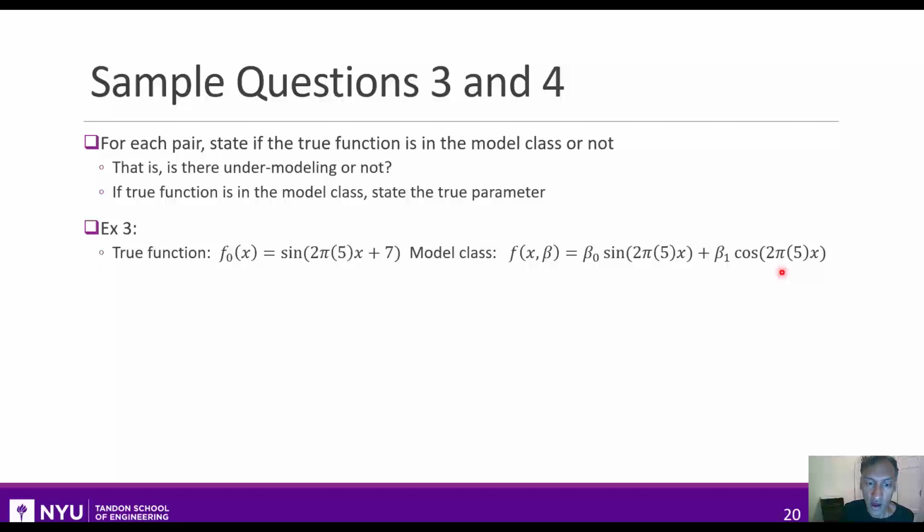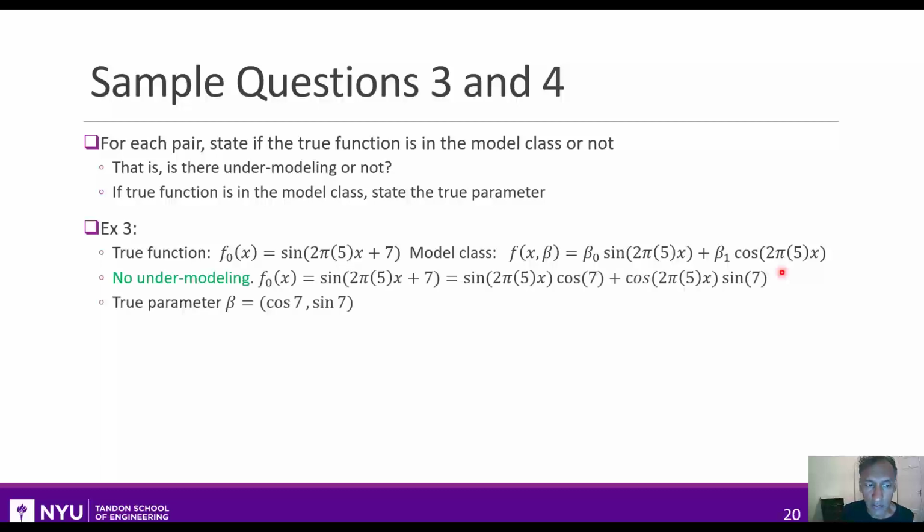Okay, now that you've unpaused, maybe you came up with this solution. In this case, there's no under modeling, but to do this, you have to do a little bit of trigonometry. If you remember the formula for sine of A plus B from high school, you can apply that here.